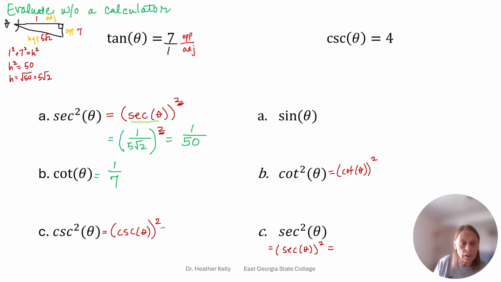So that's going to equal our hypotenuse 5 square roots 2 over our opposite, which is 7, and that quantity is going to be squared. And so that is going to give us 50 over 49. Okay.